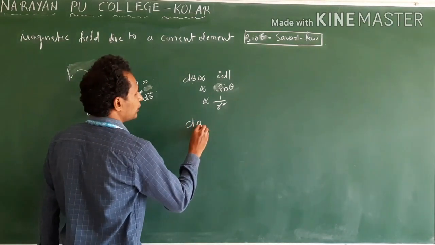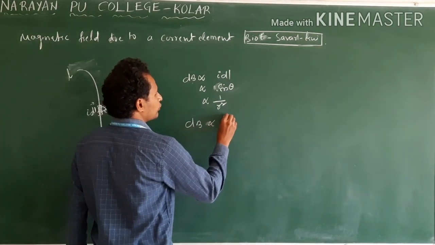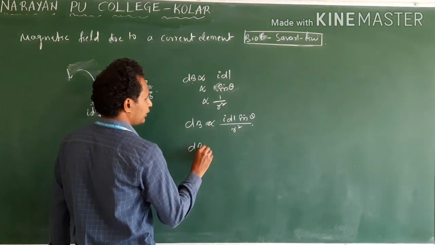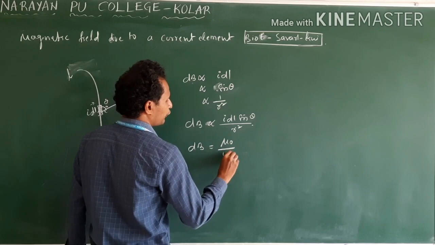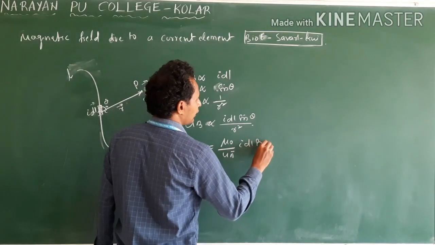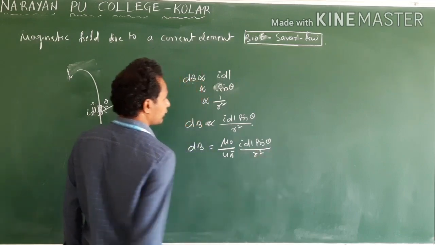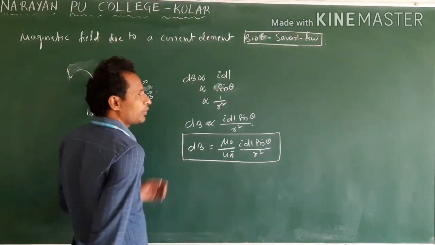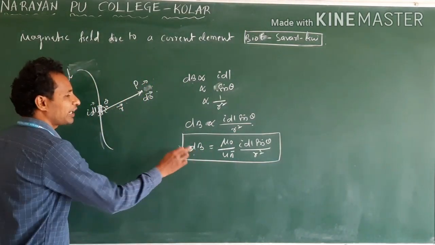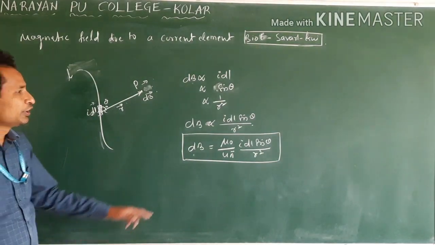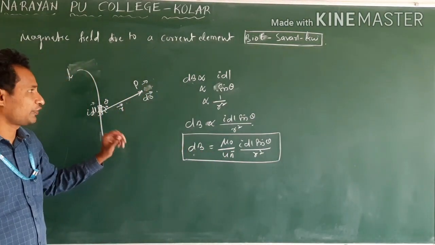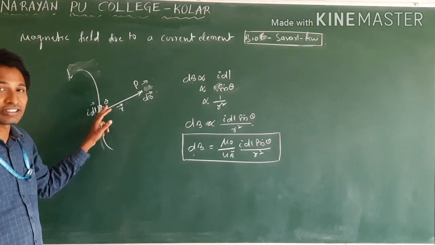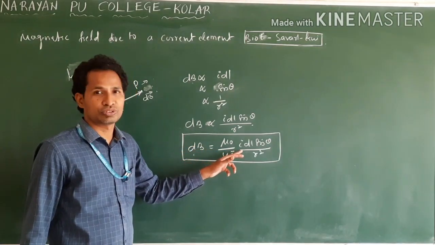Finally, dB is proportional to I dl sin theta by r square. Then dB is equal to mu naught by 4 pi, I dl sin theta by r square. This is the formula to find the magnetic field for any conductor, according to the Biot-Savart law. First we construct a small element, then take the position vector, then consider the angle, and then follow this formula.